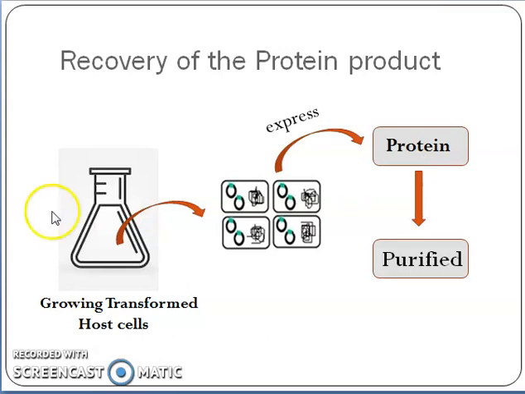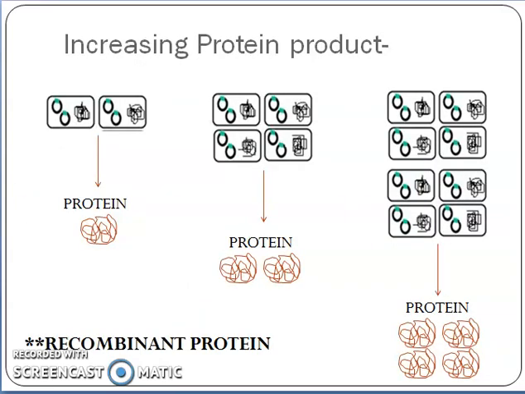The basic concept is, when you are growing your cells through the process of gene cloning, the cells are dividing by binary fission. If there are 2 cells, they will divide and convert into 4 cells. 4 cells will again divide and convert into 8 cells.